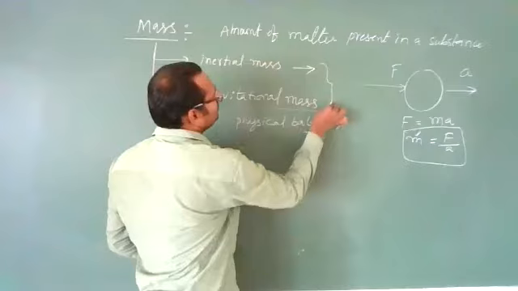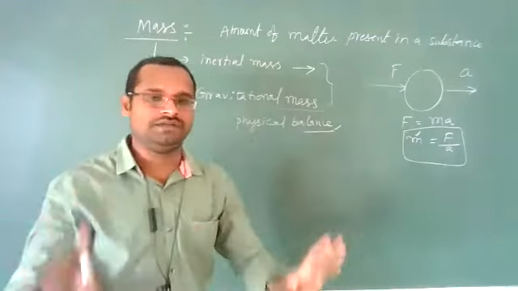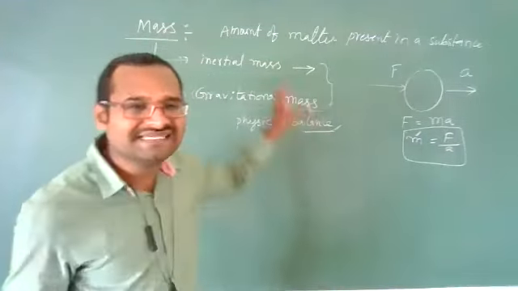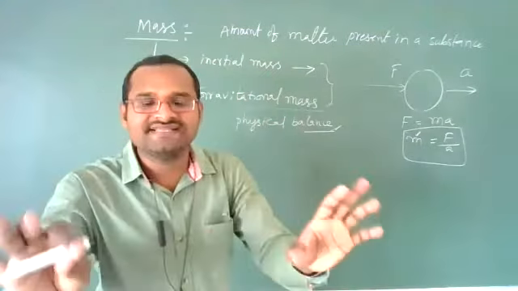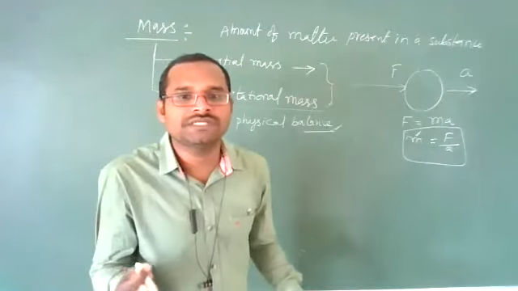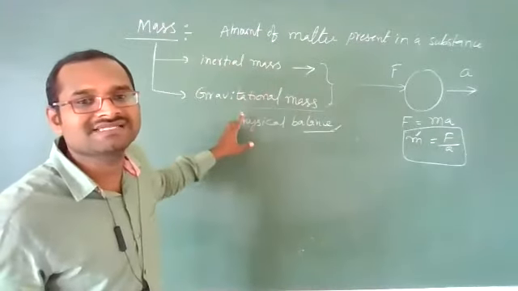And these two are found to be equal, so no need to discuss this in detail. These two are the same only. Sometimes if you are reading reference books, you may see inertial mass and gravitational mass.